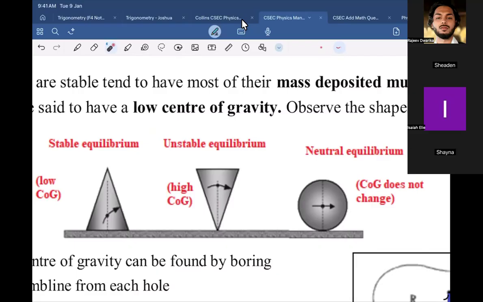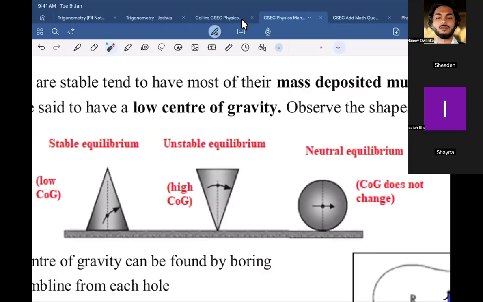If you flip the bottle and it lands on its base, then it's stable. If it lands on the cap, you'd say unstable equilibrium. It might stay there for a couple of seconds, but it will fall eventually.